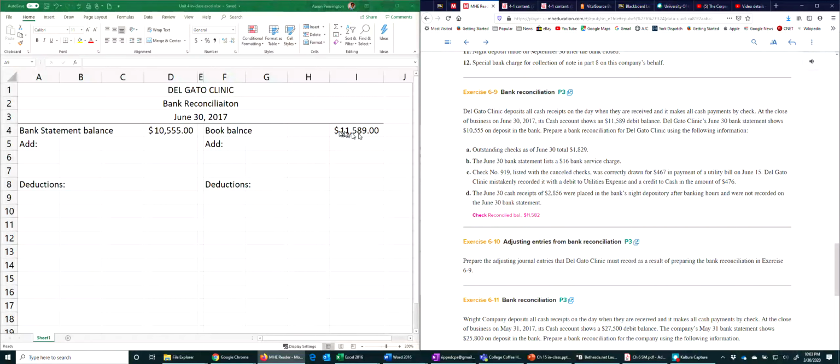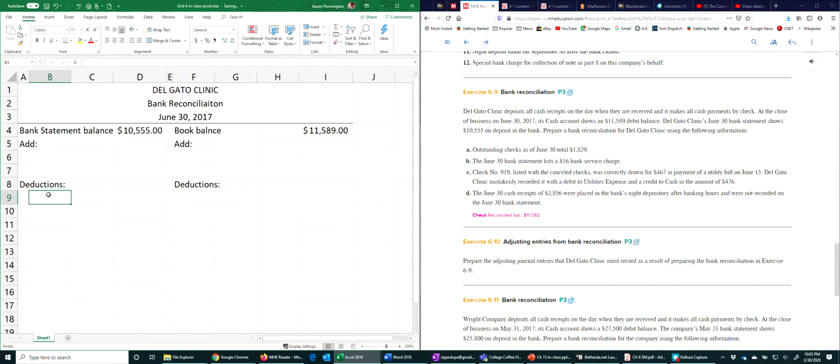So the $1,829 is already reflected in this number. But they haven't been cashed yet, so they're not reflected in the bank balance. Which means we are going to deduct that number from the bank statement balance.